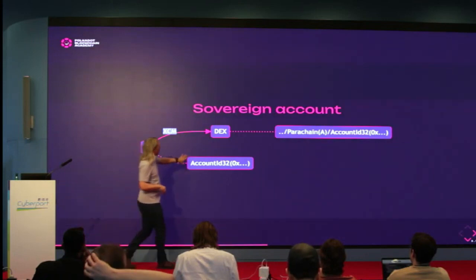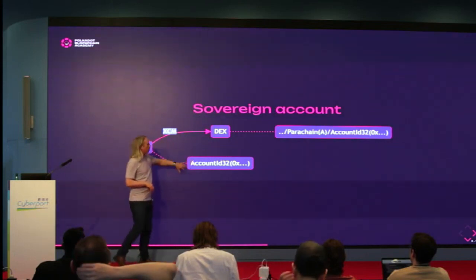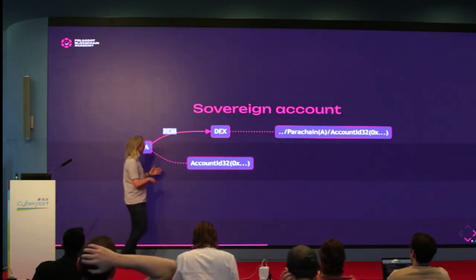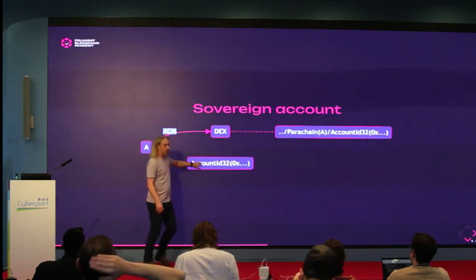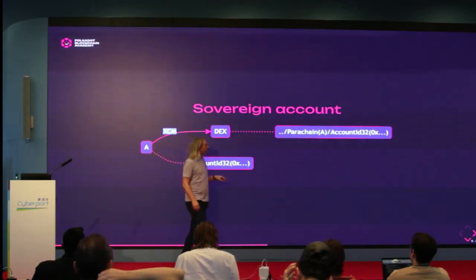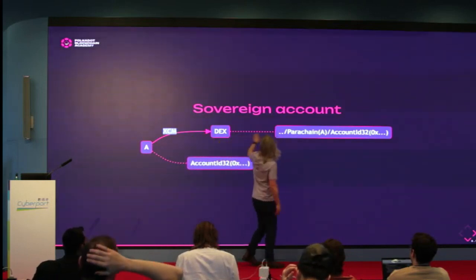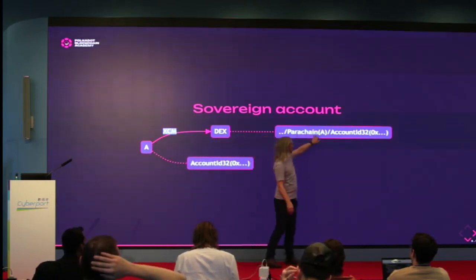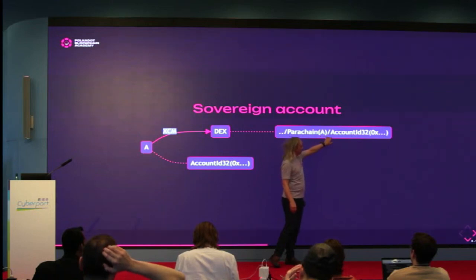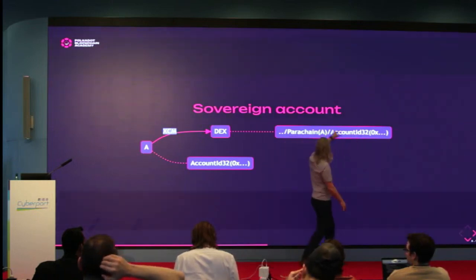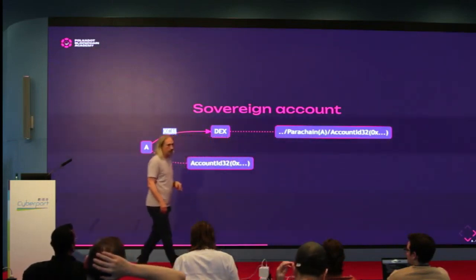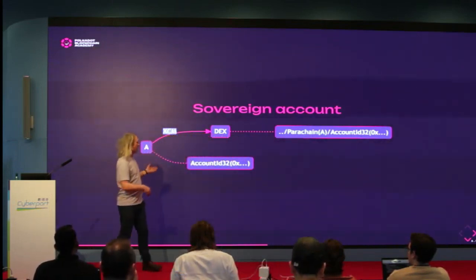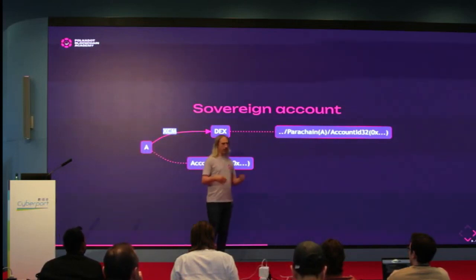So this refers to what we might want to be doing, which is if we have some user on A who has some account ID, we may, when the instruction arrives at the DEX, wish to have the origin be that user account on A. We obviously don't want it to be A itself, because that would then be everybody's account.